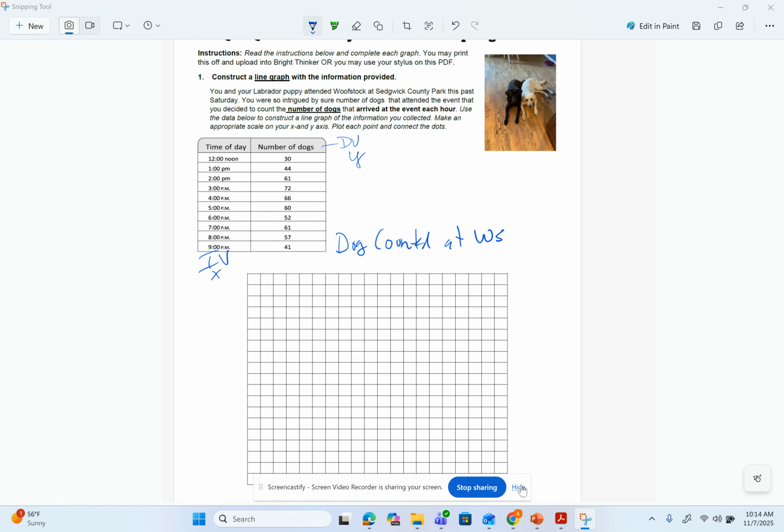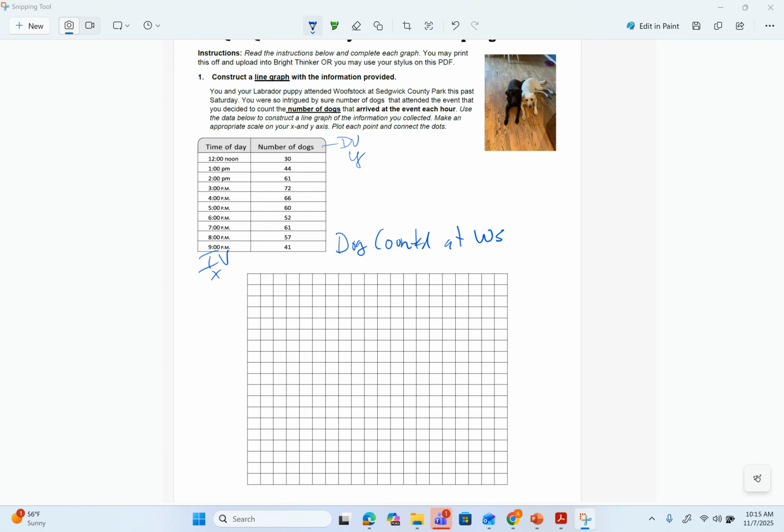Okay, so the next thing I need to figure out is how I am going to spread out my time on my x-axis. So I'm going to count how many boxes I have. 1, 2, 3, 4, 5, 6, 7, 8, 9, 10, 11, 12, 13, 14, 15, 16, 17, 18, 19, 20. And the times I have is 1, 2, 3, 4, 5, 6, 7, 8, 9, 10.